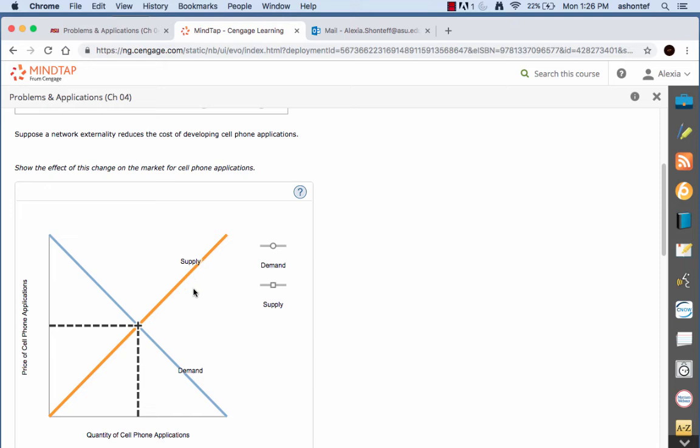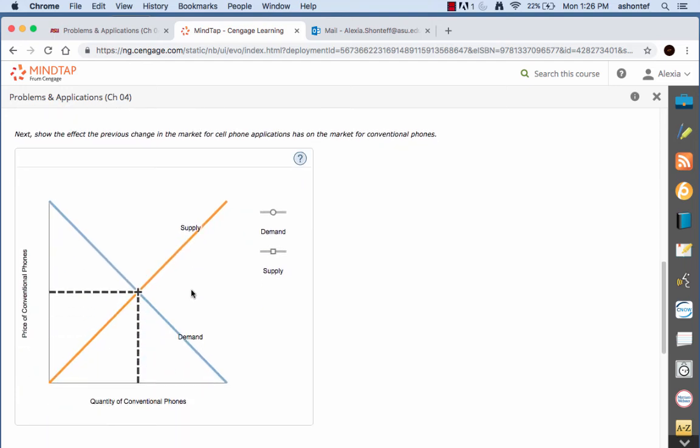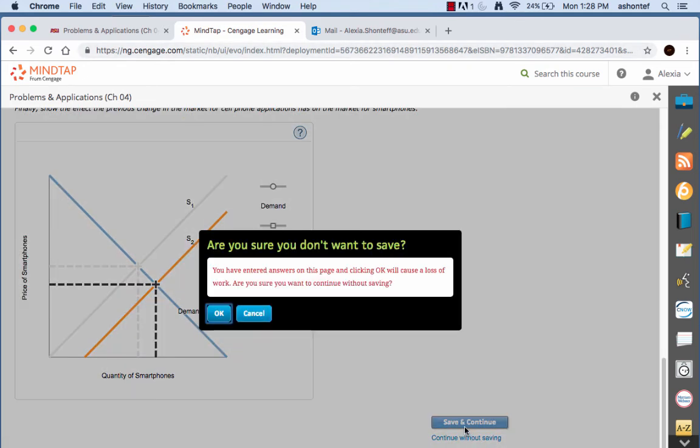So is that going to be an increase in supply or a decrease in supply? So remember, if costs of production go down, that means you can produce more at any given price. So I think you should be able to do that. And then you just keep on going with trying to figure out, is this a supply or demand shift? Okay, and we'll continue on to the fourth question.